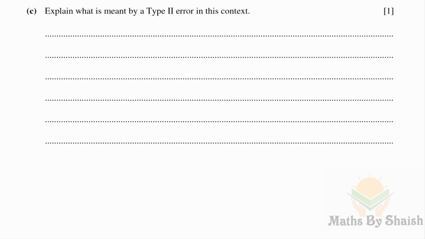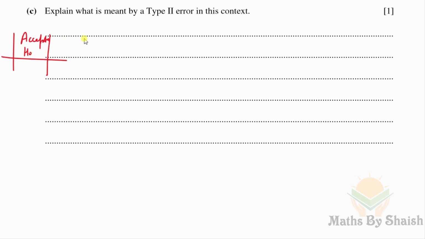And here is the C part. Explain what is meant by type 2 error in this context. So type 2 error means we have calculated in the acceptance region of H0.